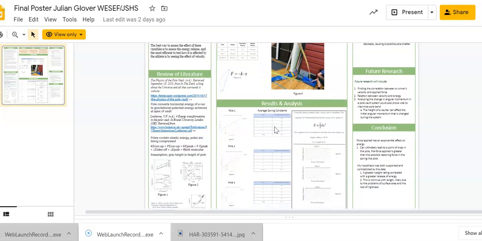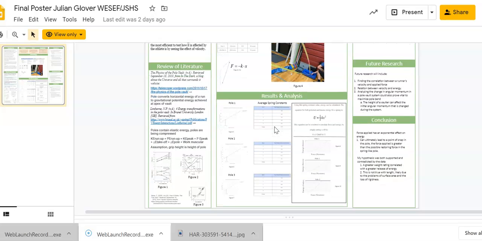So my review of literature, the first one is from the Physics of Pole Vault, a research article, and it talks about how poles convert the horizontal energy of the run into the gravitational potential energy achieved at the apex of the vault. So it's basically a transfer of kinetic energy from the vaulter to gravitational potential to get as high as possible over a bar.